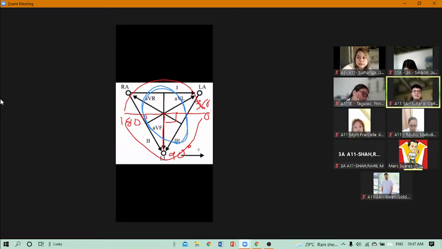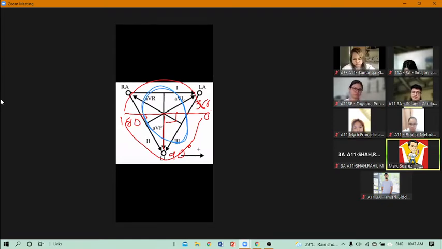Yes, Doc. Where does the initial depolarization arise from? SA node, Doc. So SA node. So where is the SA node found? In the RA.